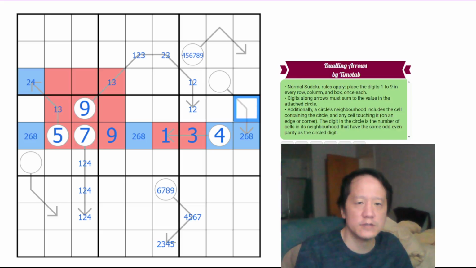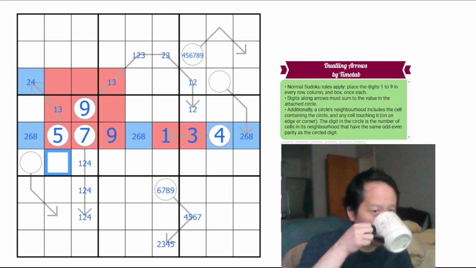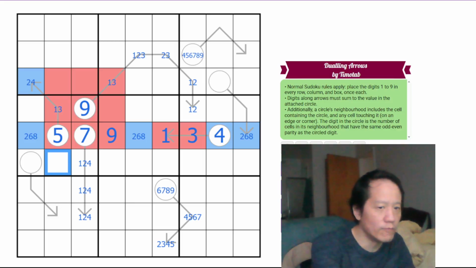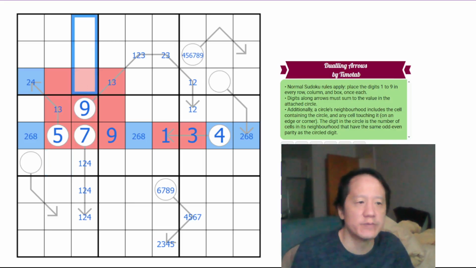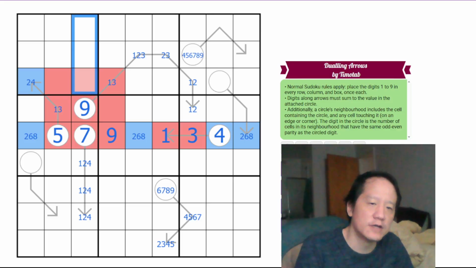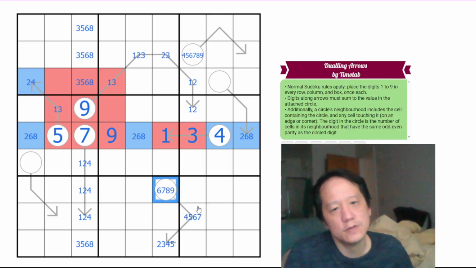We don't know about this. The remaining digits in column 3 are 3, 5, 6, and 8. Okay, that doesn't really tell us much.